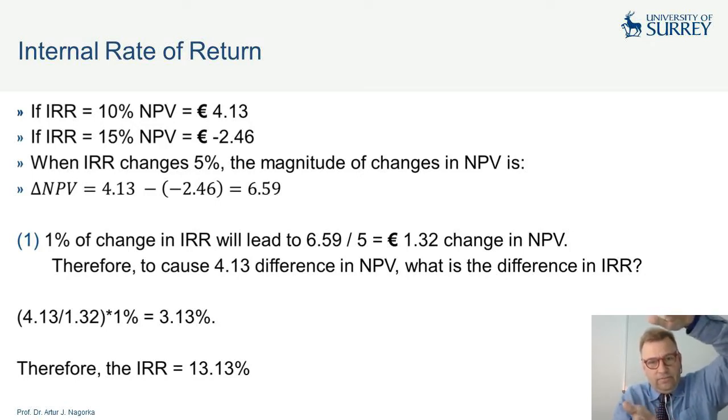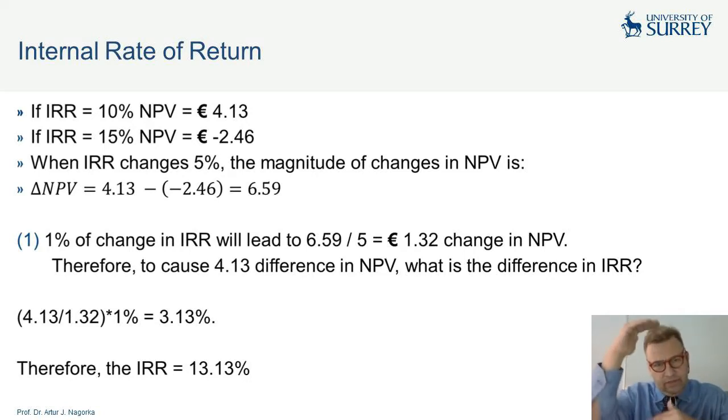This is the change. So once again, when IRR changes by 5 percentage points, the difference in NPV is 6.59.